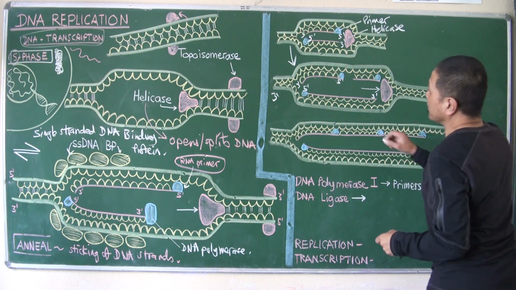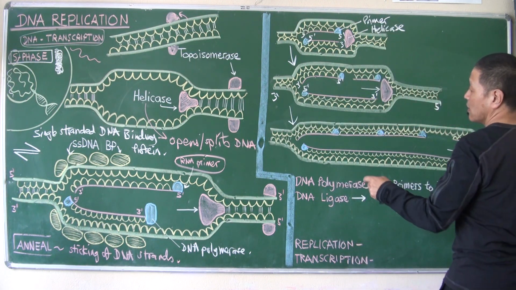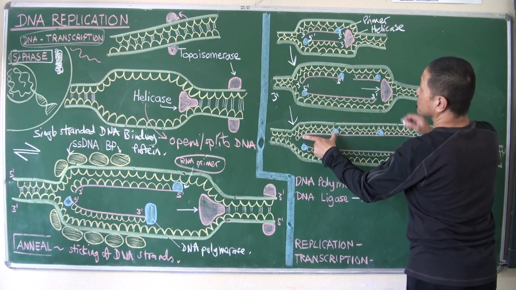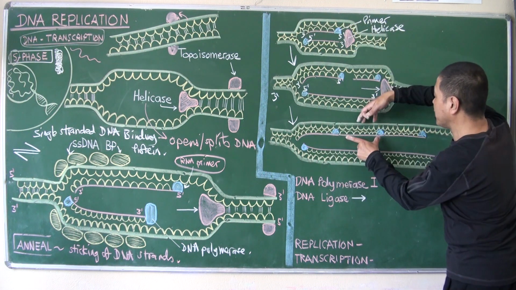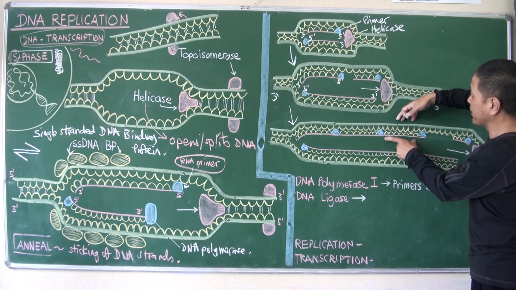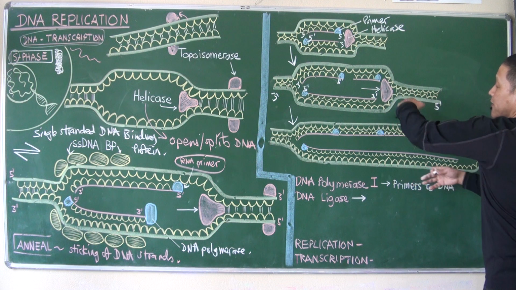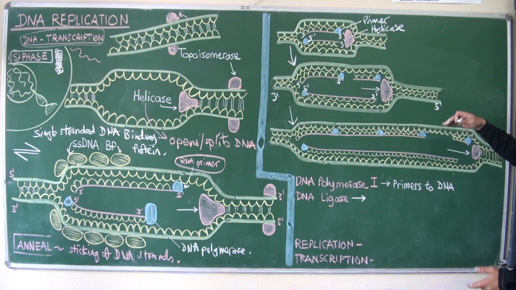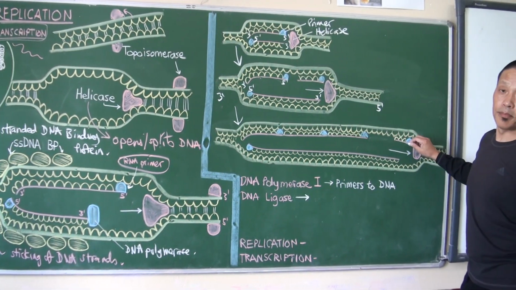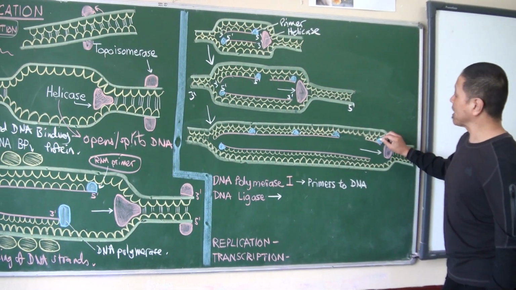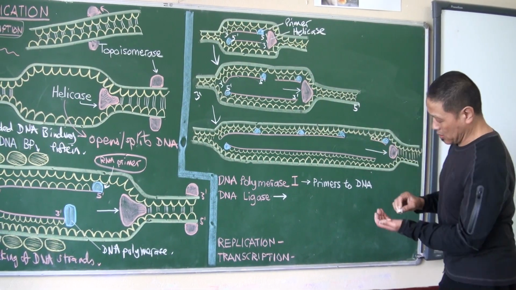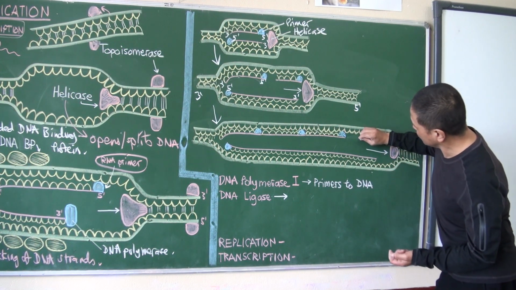Then we move on here. We find that it has copied this much. This one again here, so it copied another one there. And as the helicase moves forward, still further on, as the DNA is separated, we find that it produces another piece with the primer here, and it begins to copy down this way.